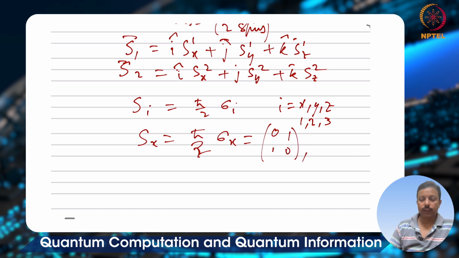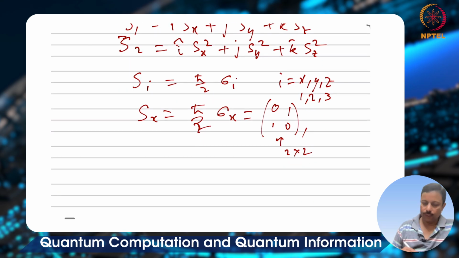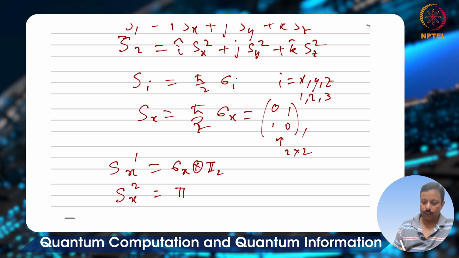But remember that this is a 2-qubit system, so the dimension of the Hilbert space is higher, in the sense that it's 4 by 4. So this is a 2 by 2 matrix, and I have to extend it to 4 by 4. What I do is very simple: Sx1 will be written as sigma x tensor identity 2, and Sx2 will be written as identity 2 tensor sigma x, where identity 2 means the 2 by 2 matrix, which is simply 1, 0, 0, 1.